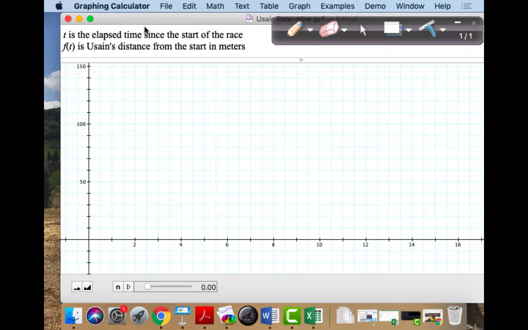His world record was 9.58 seconds for 100 meters. So this is almost real time here. But you can see this graph of time versus position. I'll just pause it kind of in the middle.